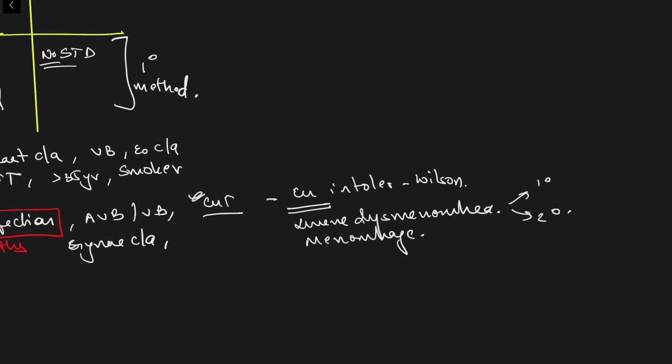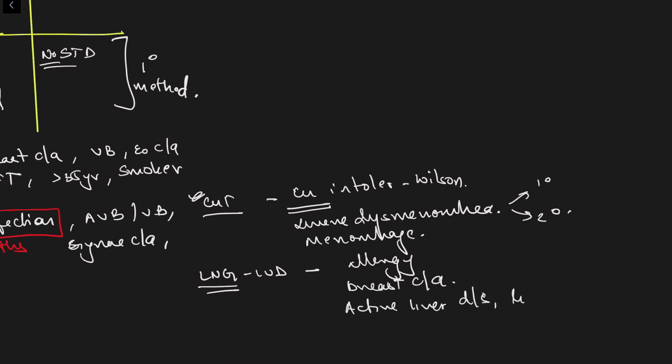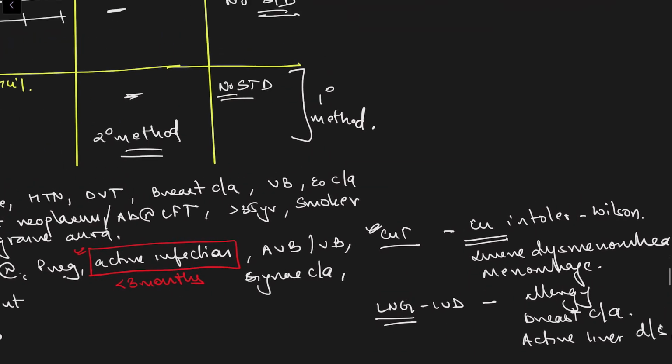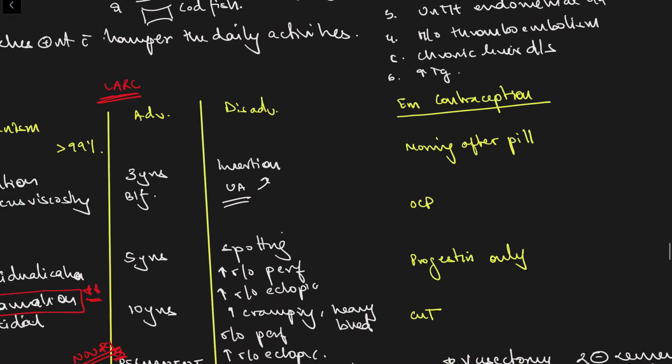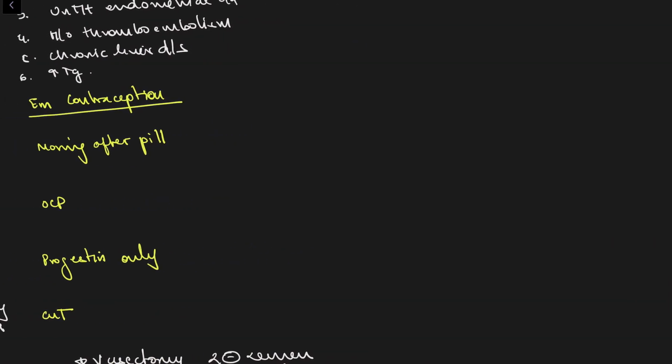Then contraindications of the progesterone IUD: if there is any allergy to levonorgestrel, breast cancer, and active liver disease, or liver neoplasms. Then the final topic in contraception is emergency contraceptives. So there are morning after pills, which are known as progesterone agonist and antagonist.